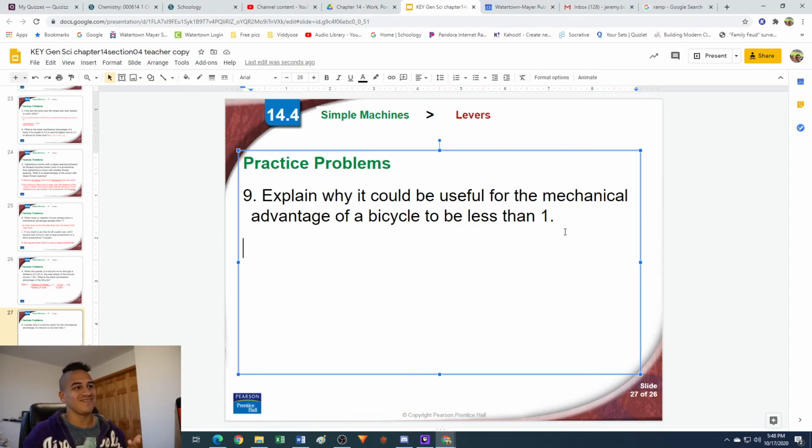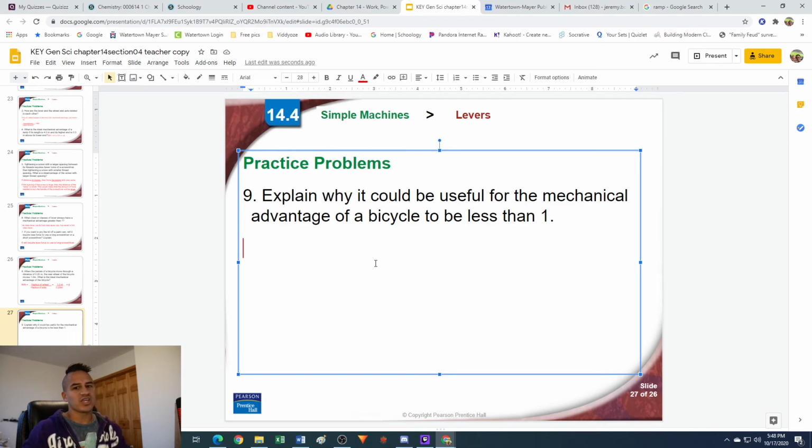However, what's the advantage of putting a bicycle in gear 10? The advantage is, even though it requires more force to push on the pedals, the wheels are going to spin faster. You're essentially going to be going quicker because the rotations per minute, or RPM, of your wheels will be higher.